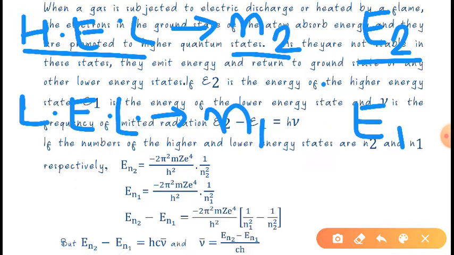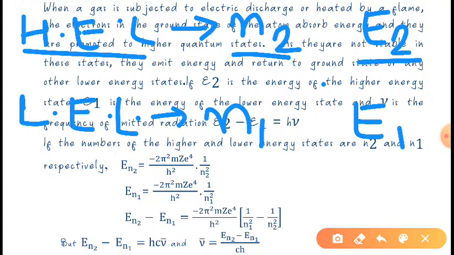During this process of jumping, some energy is emitted. That energy is in the form of spectral lines, and the magnitude of the emitted energy will be equal to the difference, E2 minus E1.